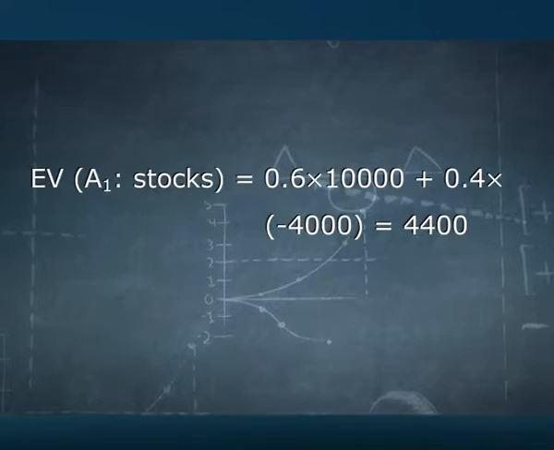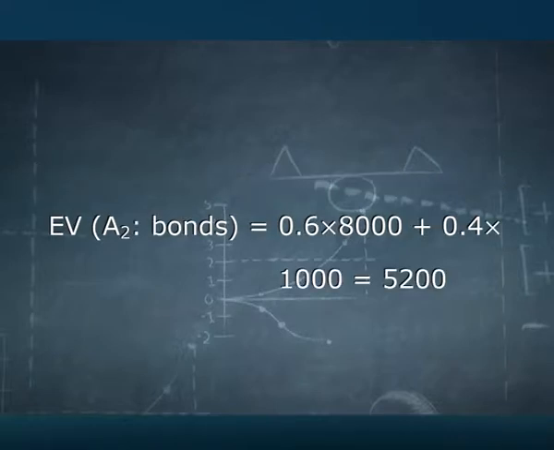So EV for Act A1, for stocks, is equal to 0.6 times 10,000 plus 0.4 times minus 4,000. So this is giving us 4,400. Now EV for Act A2, for bonds, is equal to 0.6 times 8,000 plus 0.4 times 1,000, which is equal to 5,200.